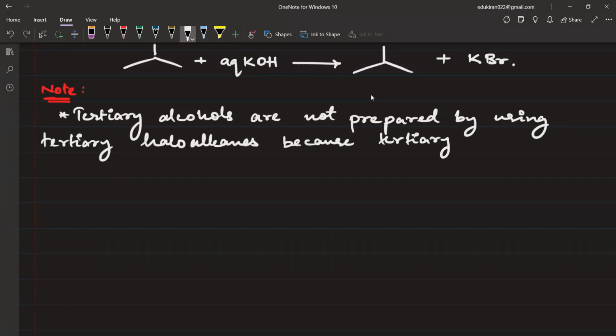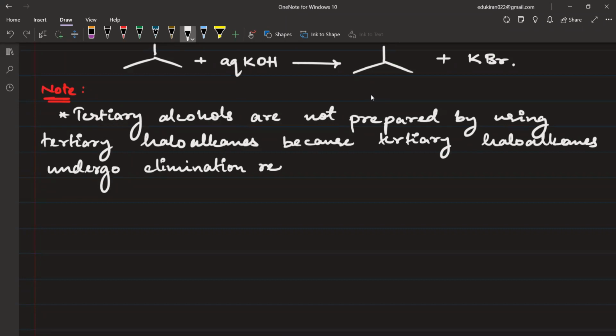tertiary haloalkanes undergo elimination reaction and give alkenes with alcohol.